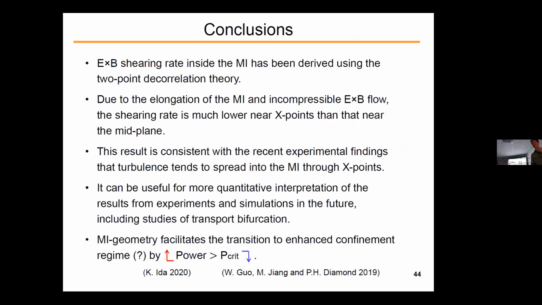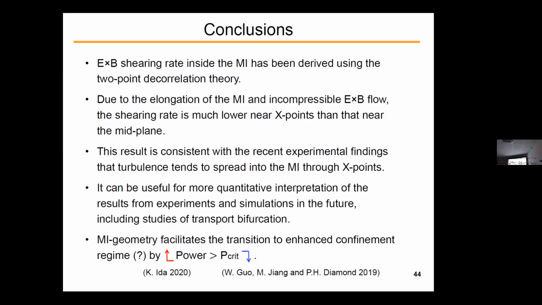So that's another outstanding issue: how magnetic island evolution gets modified by microturbulence and associated ExB flows. So let me conclude. We calculated the ExB shearing rate inside the magnetic island, and it may offer a plausible explanation of how the turbulence can penetrate into the magnetic island through the X point.